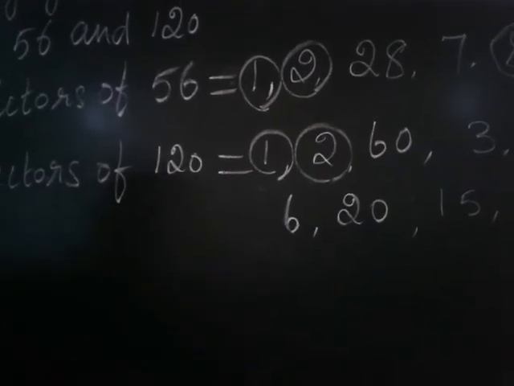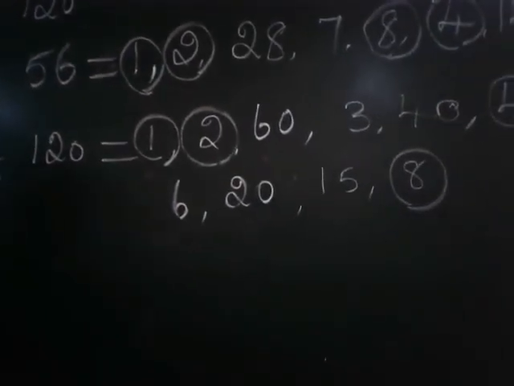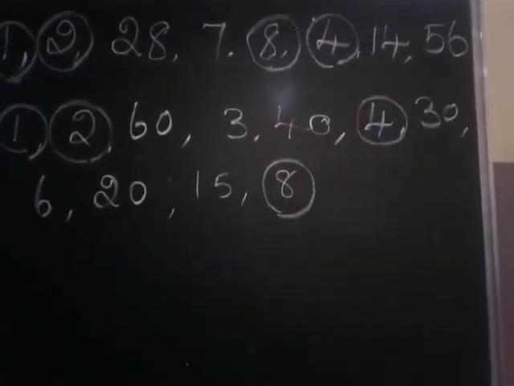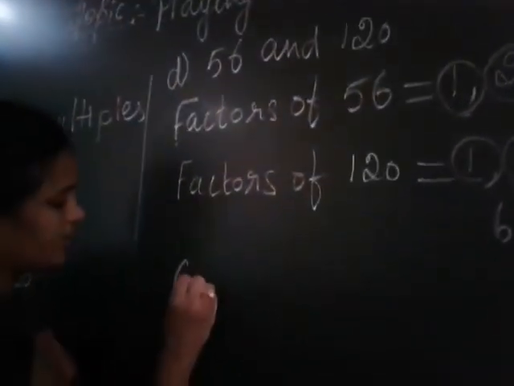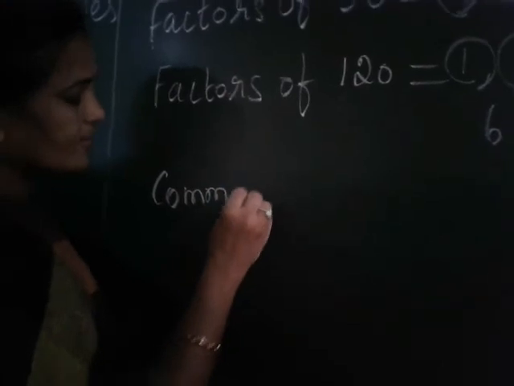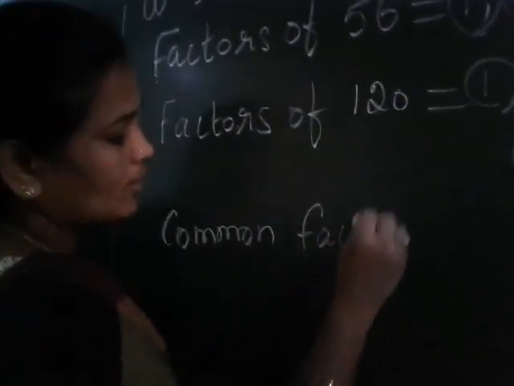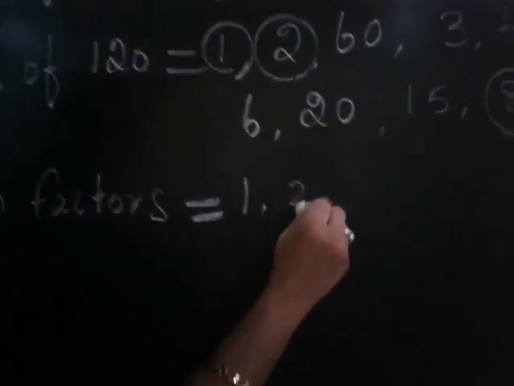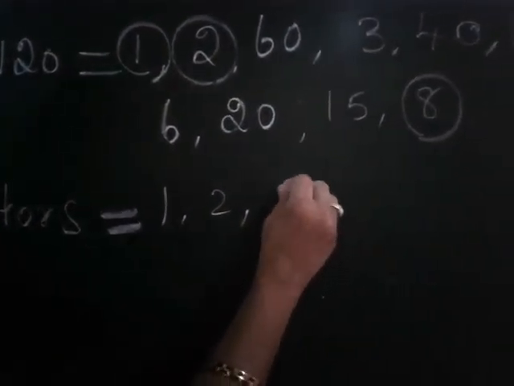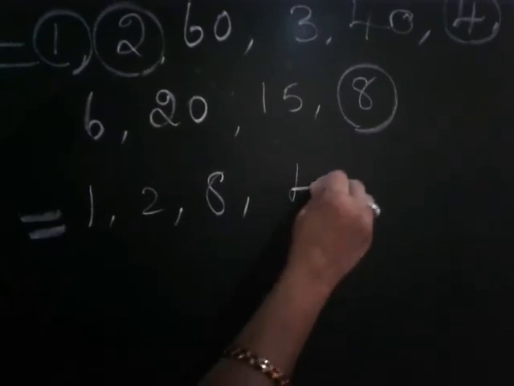That's all: 7 8s are 56. The 6 table will not come. So 14 4s are 56 only will come. Okay, children, are there any other tables? No. So now you want to write the common factors: 1, 2, 8, 4. That's all. These are all the common factors.